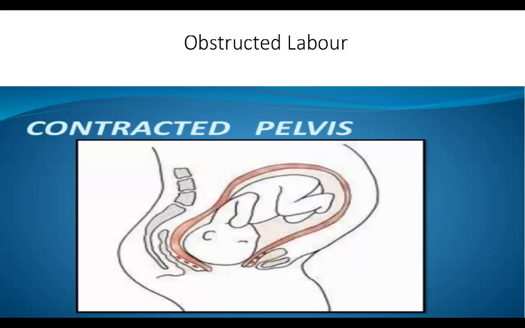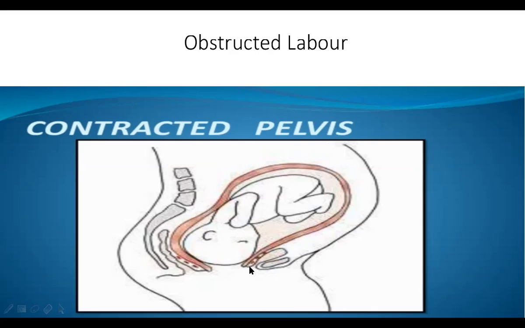In this diagram we see CPD, that is a contracted pelvis. The pressure given by the uterine contraction is normal, there is no problem. But the problem is the shape of the pelvis.